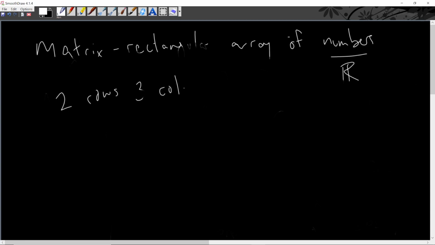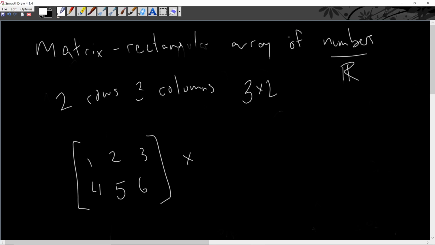So columns, and we have 1, 2, 3, 4, 5, 6, and then this is going to be multiplied by a 3 by 2 matrix: 7, 8, 9, 10, 11, and 12.